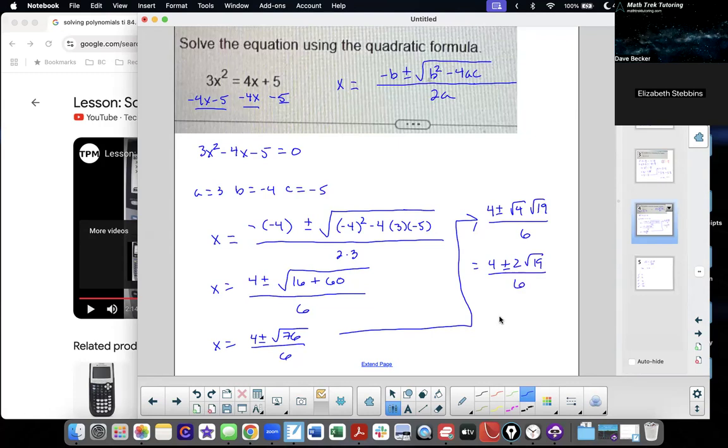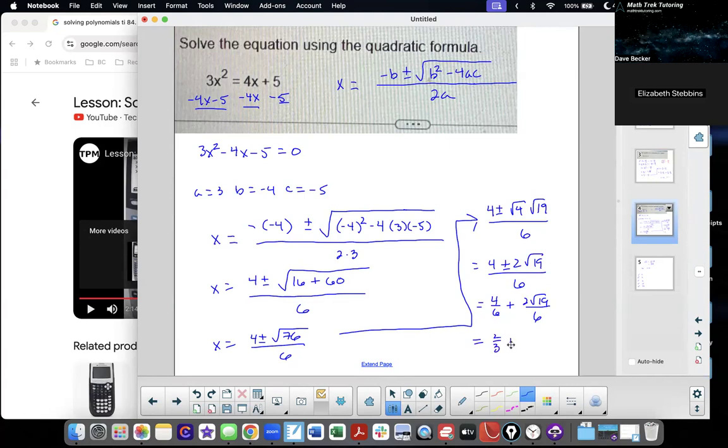Yes. And we're still not simplified. How about that? Fun. Okay. Because 2, 4, and 6 are all divisible by 2. I think the easiest way is to just put the 6 under each term and simplify them individually.